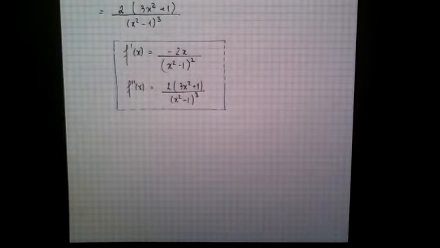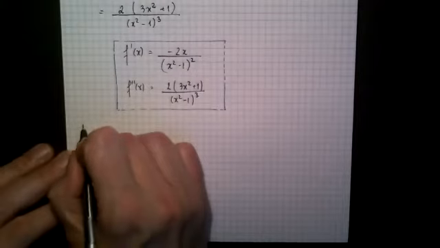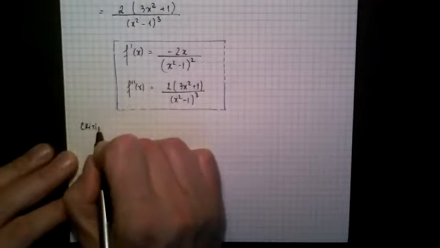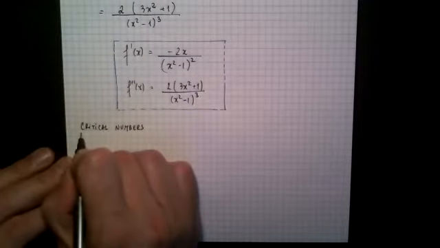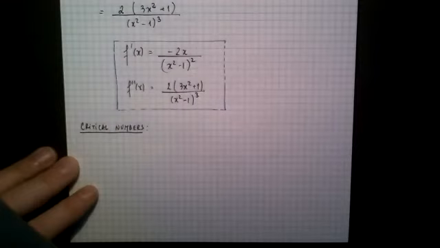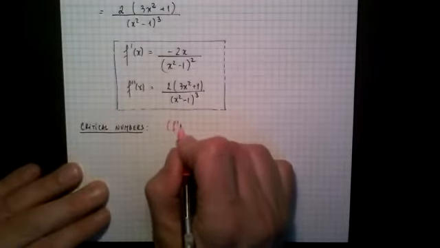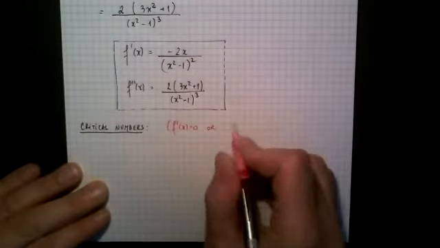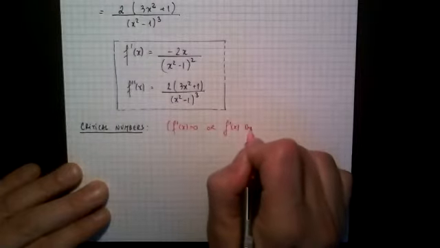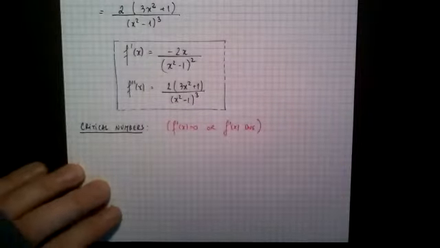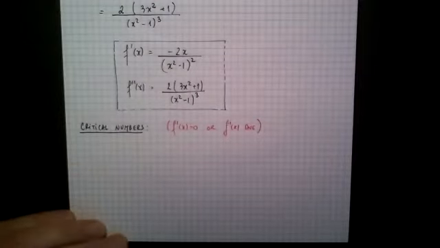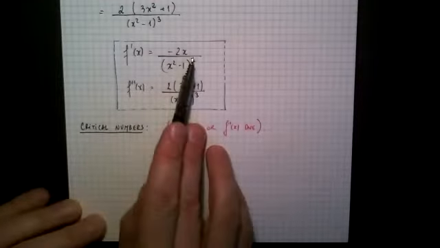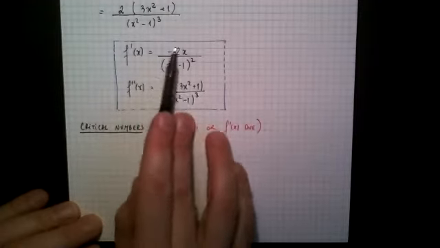So now let's find my critical numbers. Okay, so as you see, it's a long problem, right? Critical numbers, as usual, are when f prime of x is 0 or f prime of x does not exist. So my derivative, you see it right here.